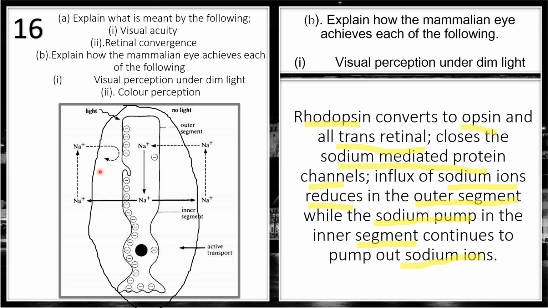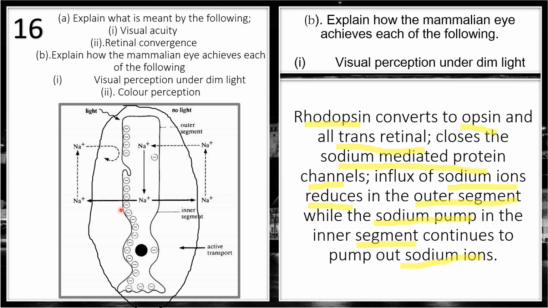And this is now going to close the sodium-mediated protein channel. So sodium will not be allowed to enter into the photoreceptor, the rod. It will not be allowed. That is in the outer segment.